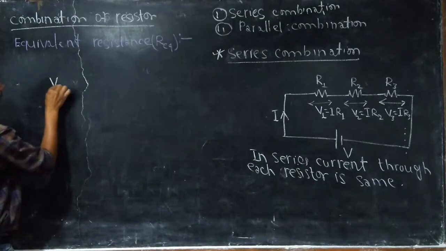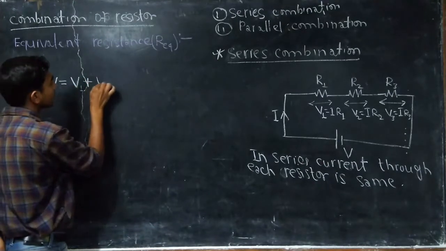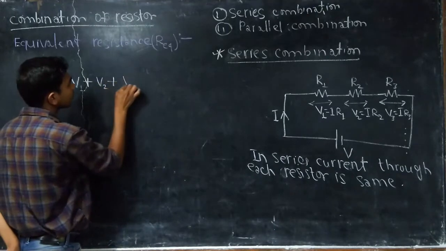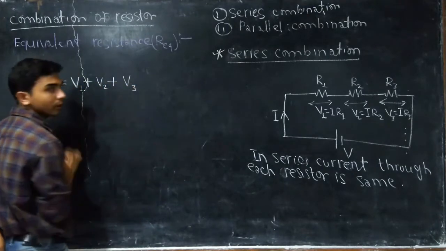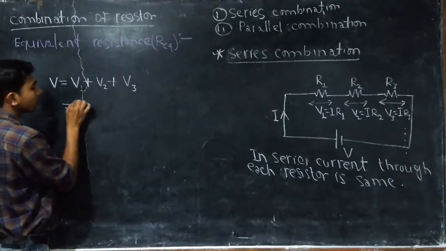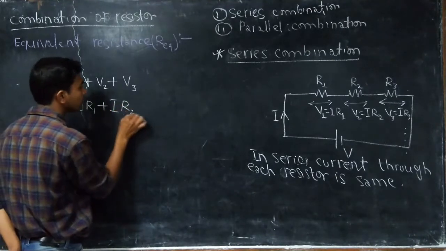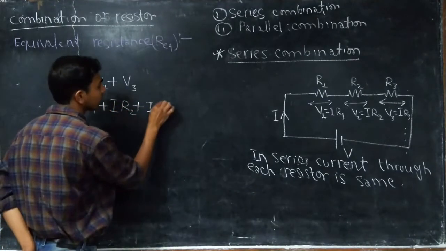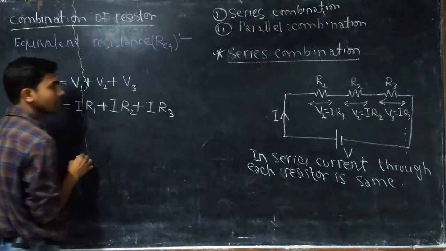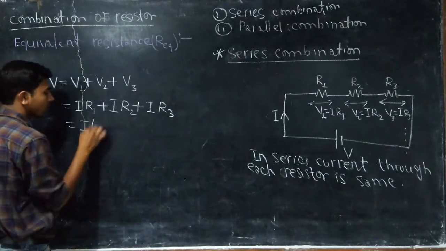And V is basically the sum of these, so we can write V equals V1 plus V2 plus V3. V1 is I R1, this is I R2, and this is I R3. Here we can take I common.